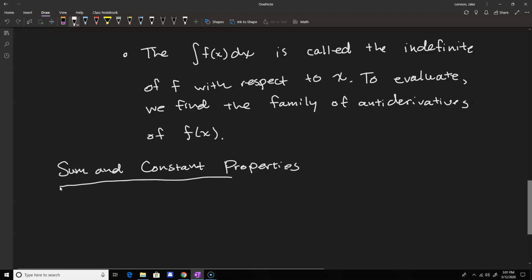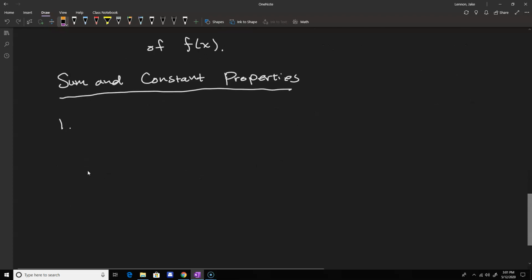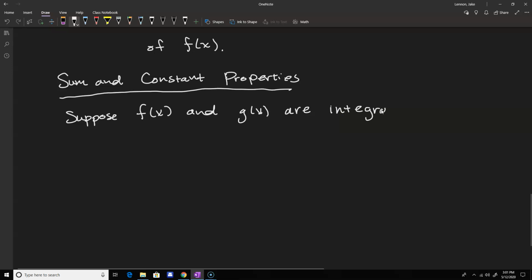So suppose f and g, I need two functions here, I'm sorry, f and g are integrable, meaning they have antiderivatives, and we'll say k is a constant.